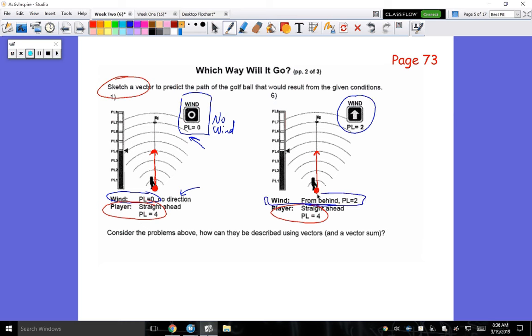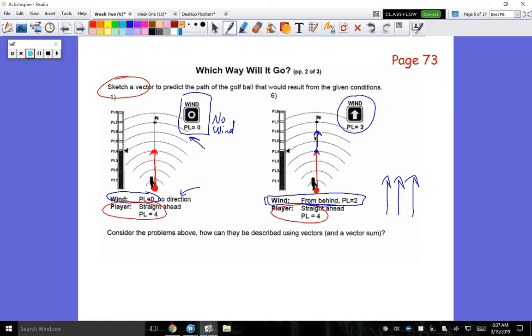If it's coming from behind the player, it's basically aiding the player, helping the player have more power, if you will. So we're going to do that wind right here, tip to tail, and have it go straight up too. That's what it's going to look like as far as the difference between having wind and not having wind.